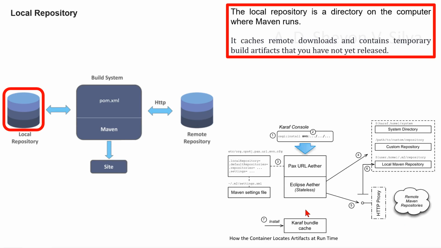Now we are considering how the container locates artifacts at runtime. In this particular configuration at runtime, with Linux, the process of locating Maven artifacts is implemented by the Eclipse Aether library, which is bundled in the Karaf container, so it is not necessary for Apache Maven to be installed on the container host.